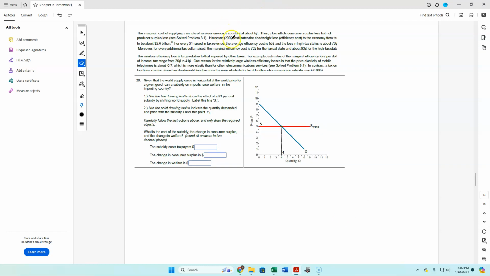Essentially, in my case here, the marginal cost is 5 cents, hence the supply curve right here. The deadweight loss from a tax is 2.6 billion, and for every dollar in tax revenue, the efficiency cost is 53 cents.